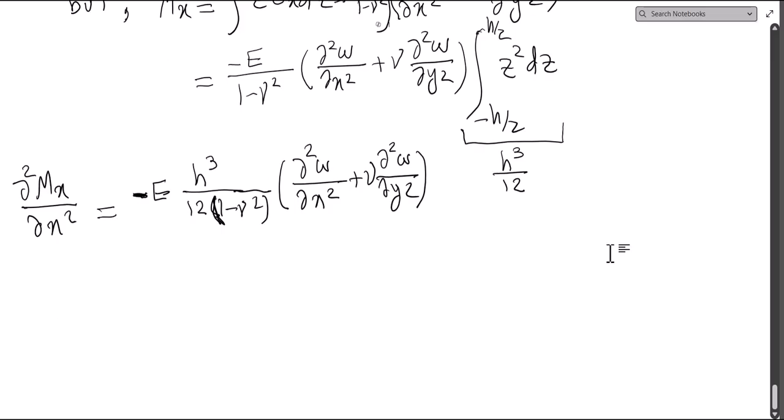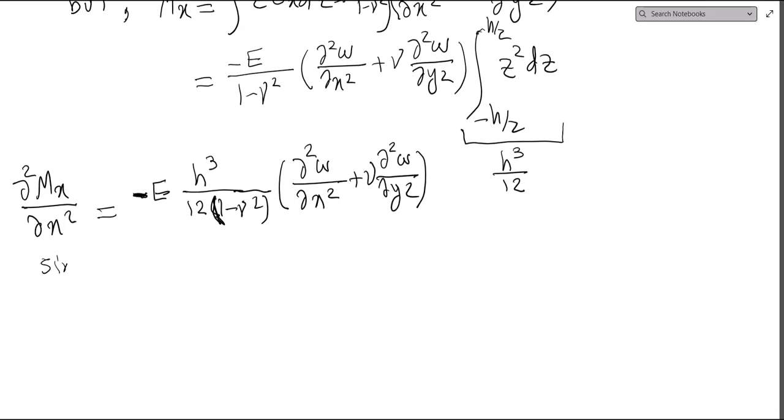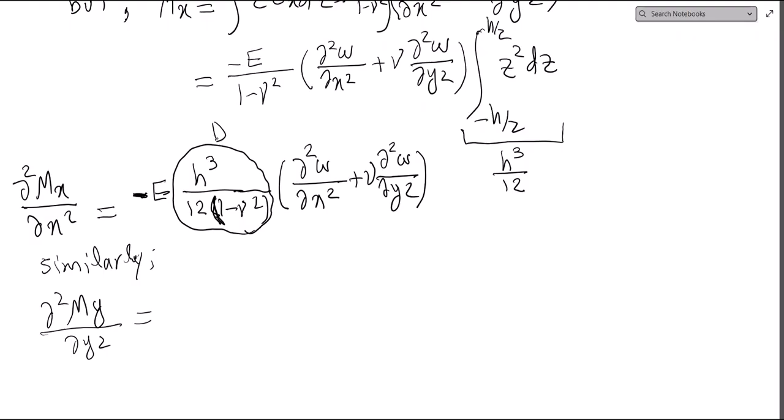So similarly, d2 My dy2 is equal to, let's call this quantity D, so I don't have to write it again, and this is very common. We define this. This is not a material property, but a property of the cross-section shape.